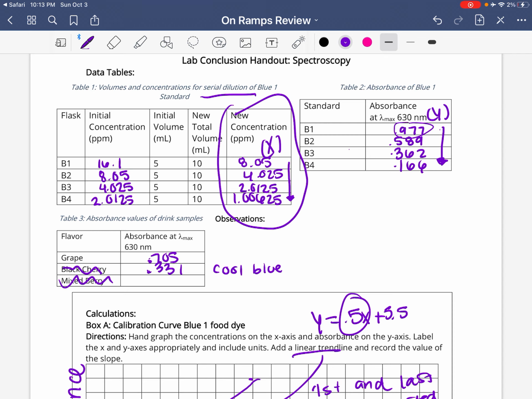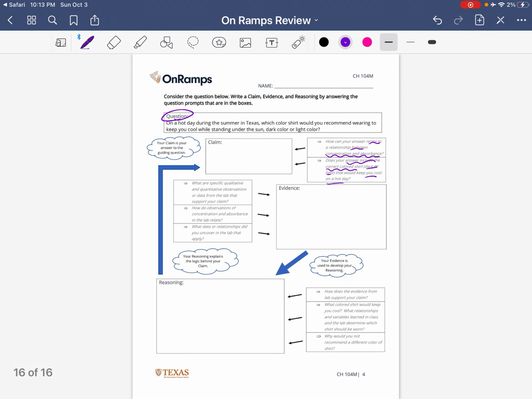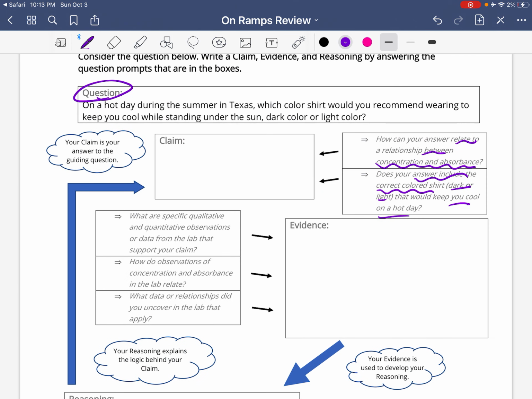So the less light was absorbed. Okay, so that would be used to answer that. So claim, then you would answer, which color shirt would you recommend wearing to keep you cool under the sun, a dark color or a light color? And then you say dark color or light color because blah, blah, blah.